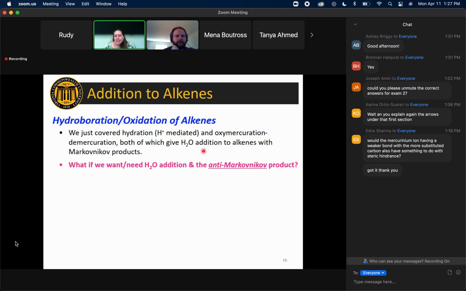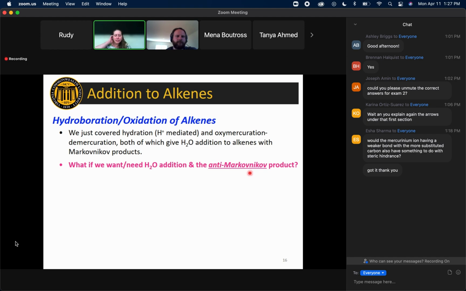And in both of these cases, what we've done overall is a hydration. We've added water to double bonds or alcohols to double bonds, but we've done so with a Markovnikov orientation of our products. But what if we have to make the other way, right? What if what we have to do as synthetic chemists for whatever drug target or useful molecule we want to make, what if we have to add a water molecule across the double bond, but we want it to go in the opposite direction?